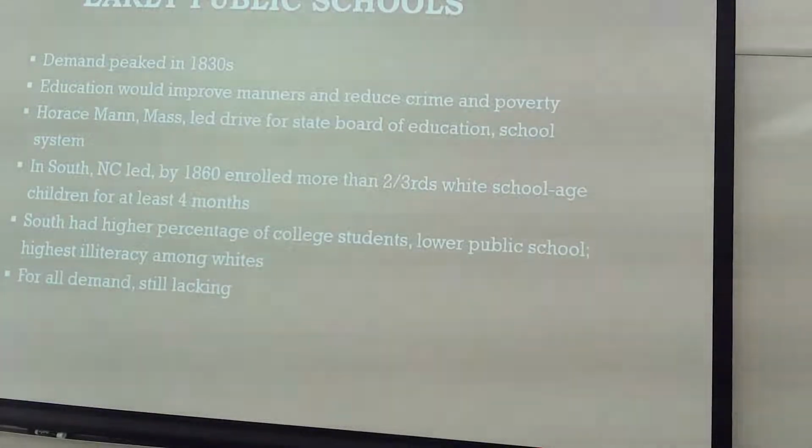Now, one area that the South did lead in is they have a higher percentage of college students. And that's because the wealthy planters and the better-to-do middle class who wanted to emulate the wealthy planters would send their young adult children off to school.